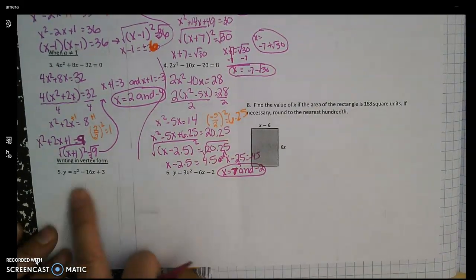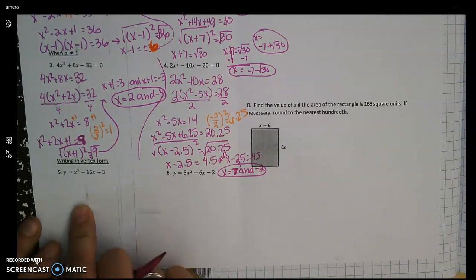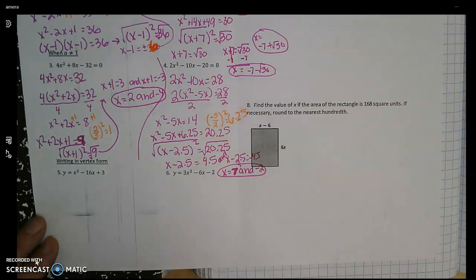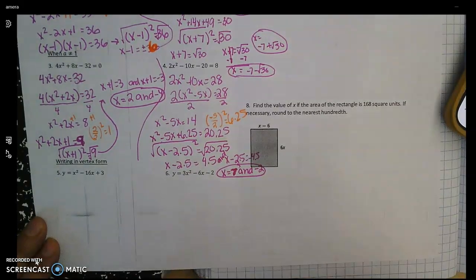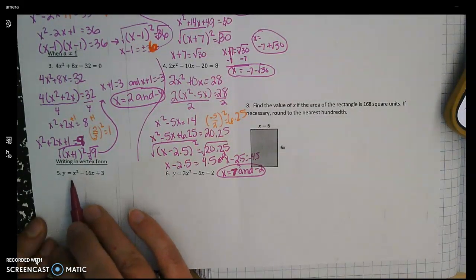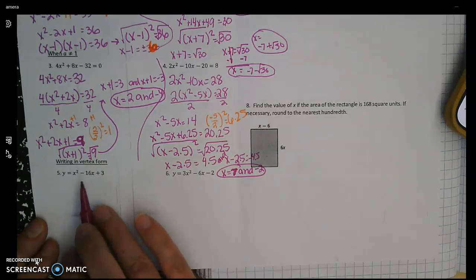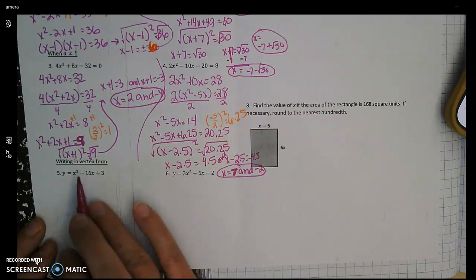If I want to put something in standard form, using this method is going to be the best way. The first thing that you are going to do is take your equation, y equals ax squared plus bx plus c, and turn it into an equation where you just have the ax squared plus bx on one side.